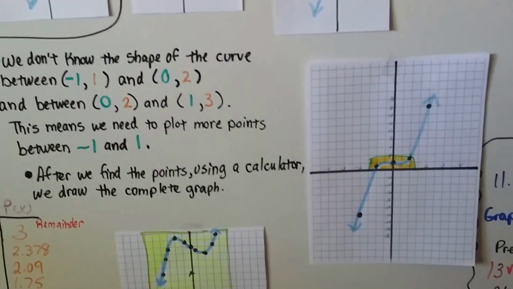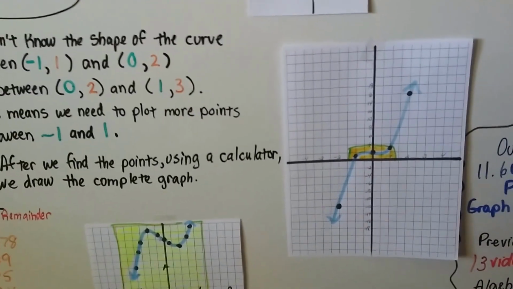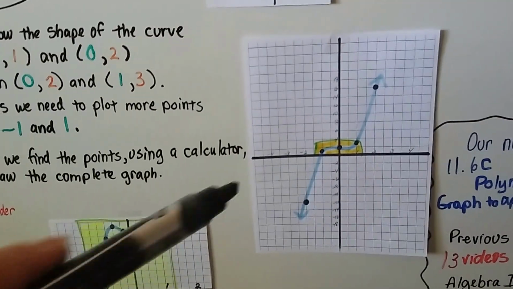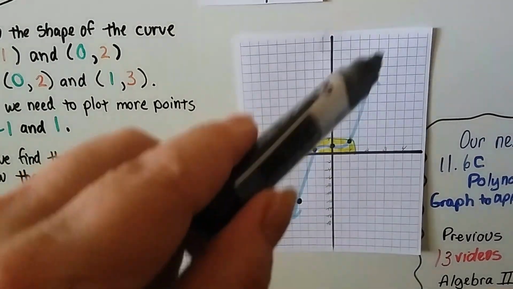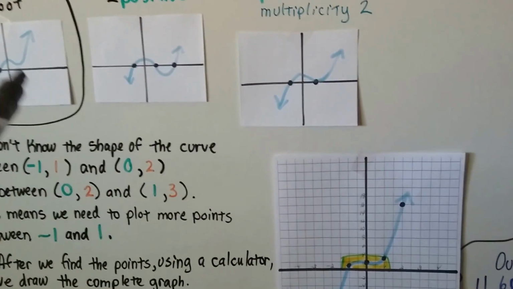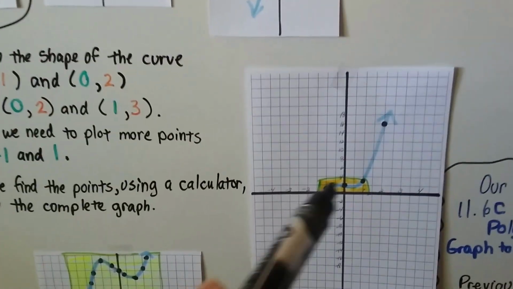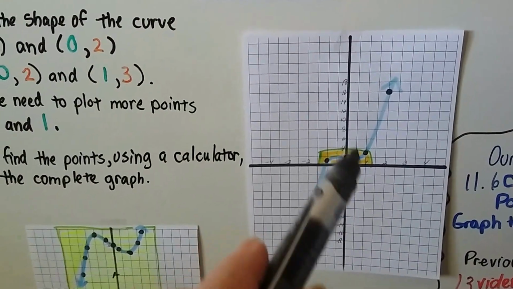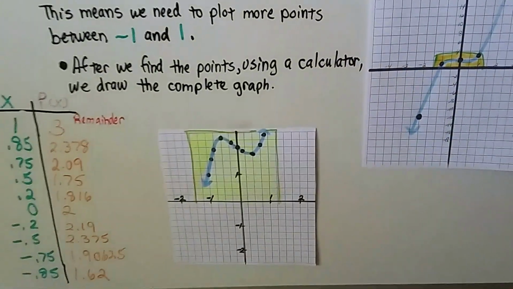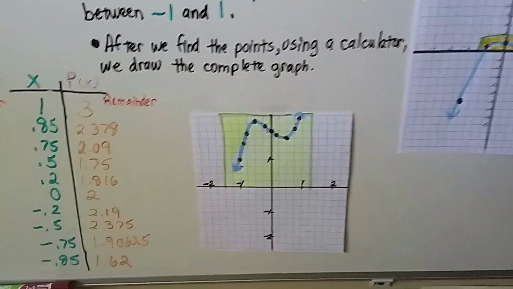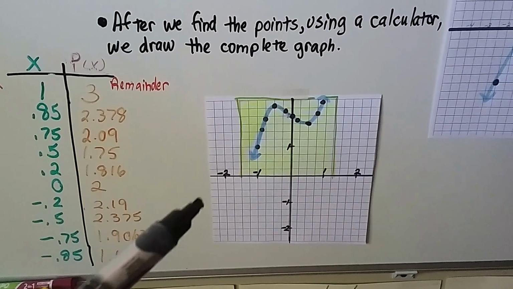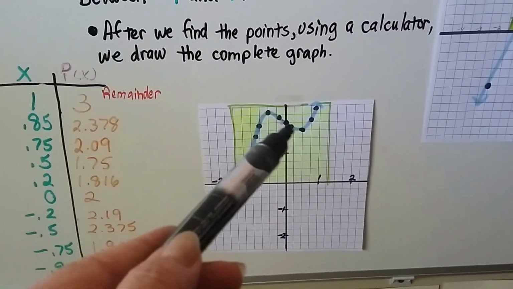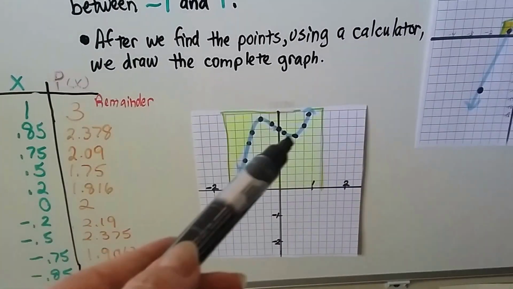So after we find the points using a calculator, we draw the complete graph. So I came up with this, which closely resembled this, but this little yellow area is where I went into detail with the calculator and found more values for x and y. And I ended up getting this very detailed shape.